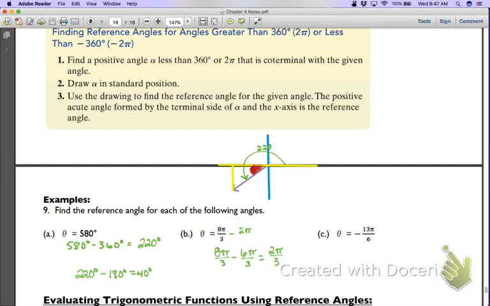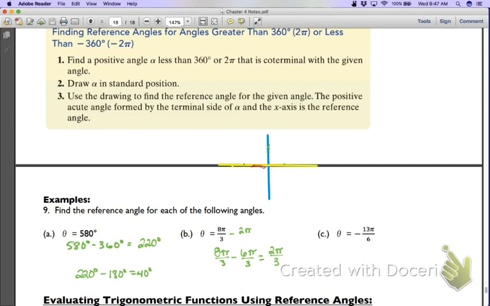So again, it becomes that where is 2 pi over 3? Again, hopefully you got that. So if we take our angle, is it in 1? Is it in 2? Is it in 3? Or is it in 4? Where's 2 pi over 3? Where was it at?